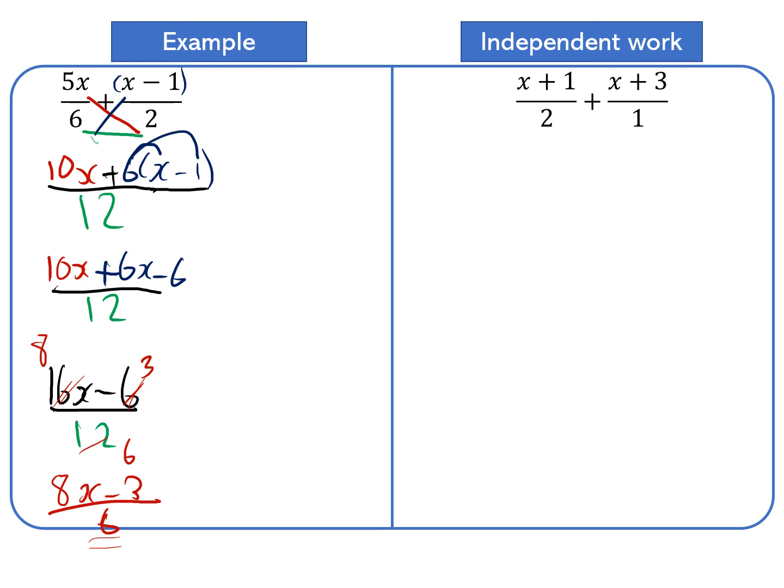So if we look, 2 goes into both, so that would be the same as 2 bracket 8x minus 3 all divided by 12. And again, I can take out a factor of 2, so that's 1 and 6, and this step would be necessary just in case. And yeah, we've got the same answer, so it's fine.